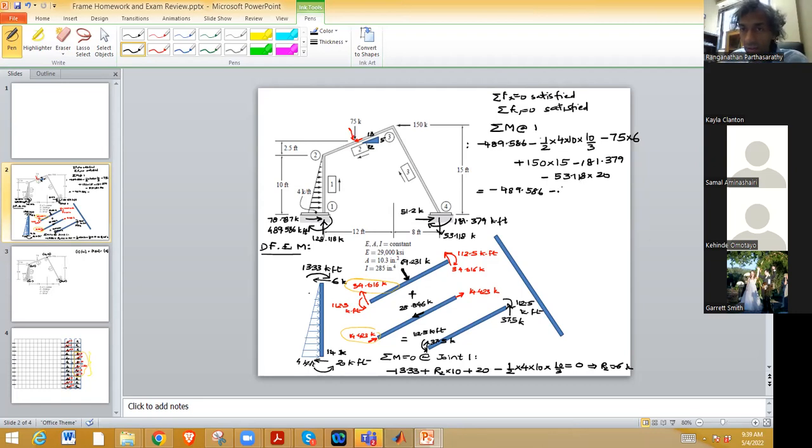So negative 66.67, then negative 450, positive 2250, negative 181.379, negative 1062.